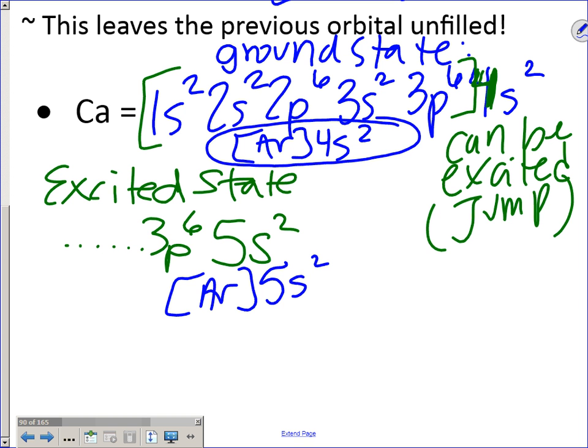So that's calcium ending on the 4th energy level and S block the 2nd electron over. That's why. Did I answer that? So you just bring that to a higher. Yes. Higher energy level. So I took the 4 and I made it a 5, because that's excited now to that next orbital.